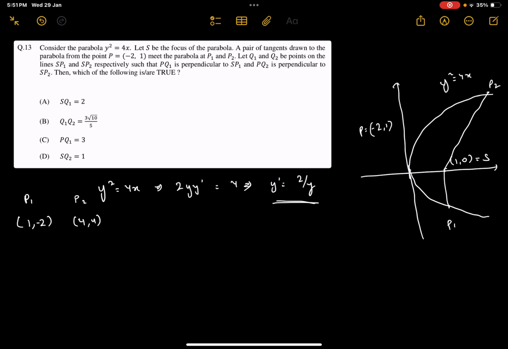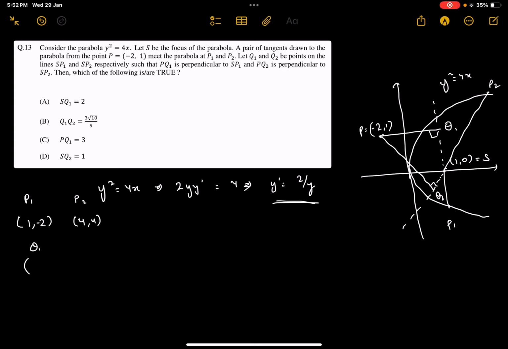Now we have to draw, from point P, the perpendicular, so this becomes Q1 and this is Q2. So Q1 is easy to find.